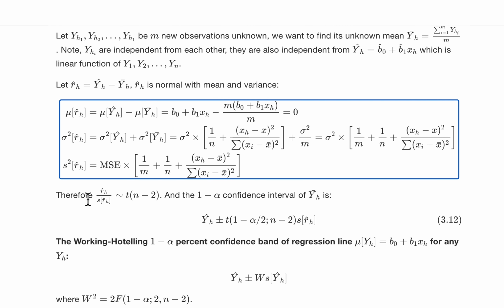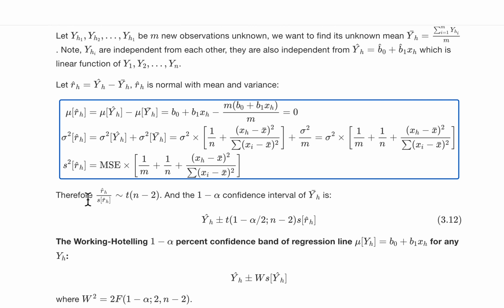So now we can find the confidence interval for Y_h bar of m samples as this. So this is the new confidence interval for that. The next thing is, let's say we want to find a confidence interval not only for one observation. We want to find a confidence interval for several new observations, a prediction.